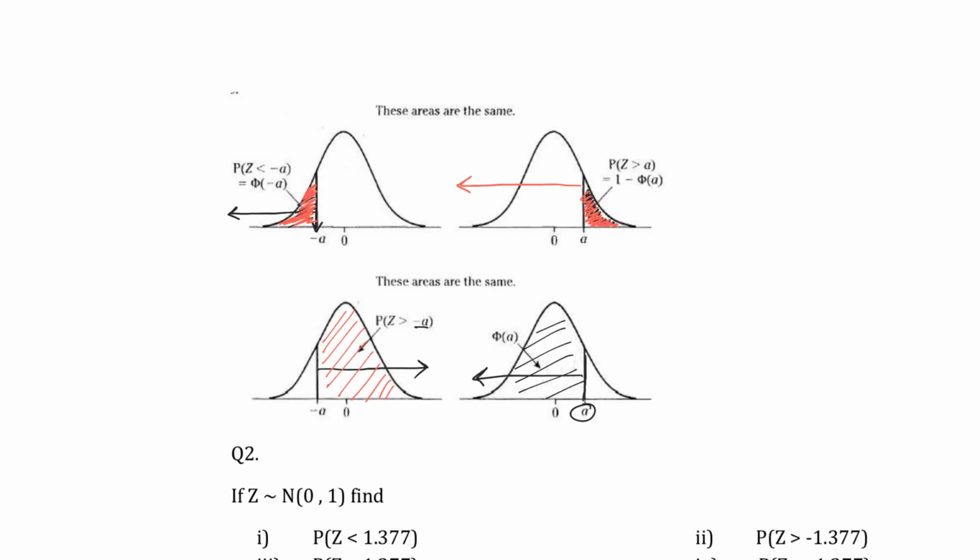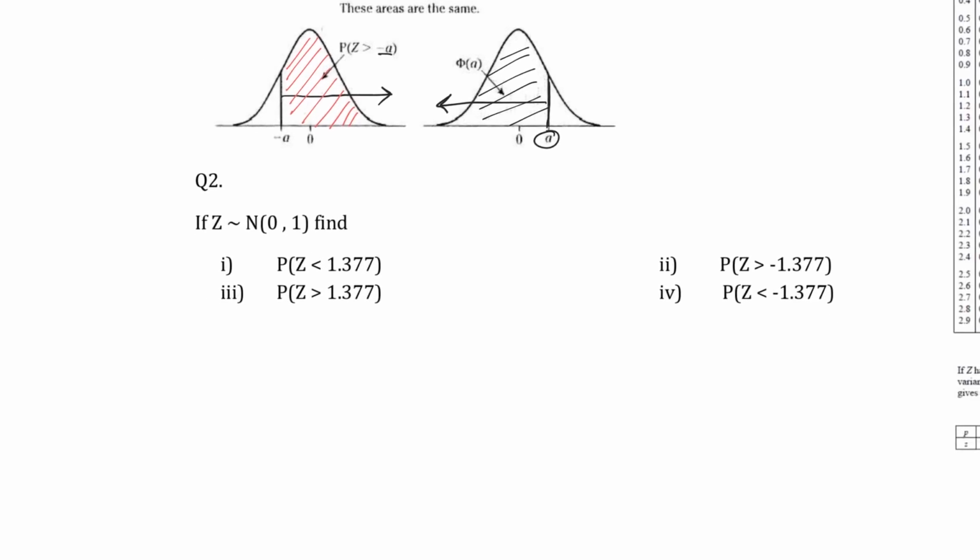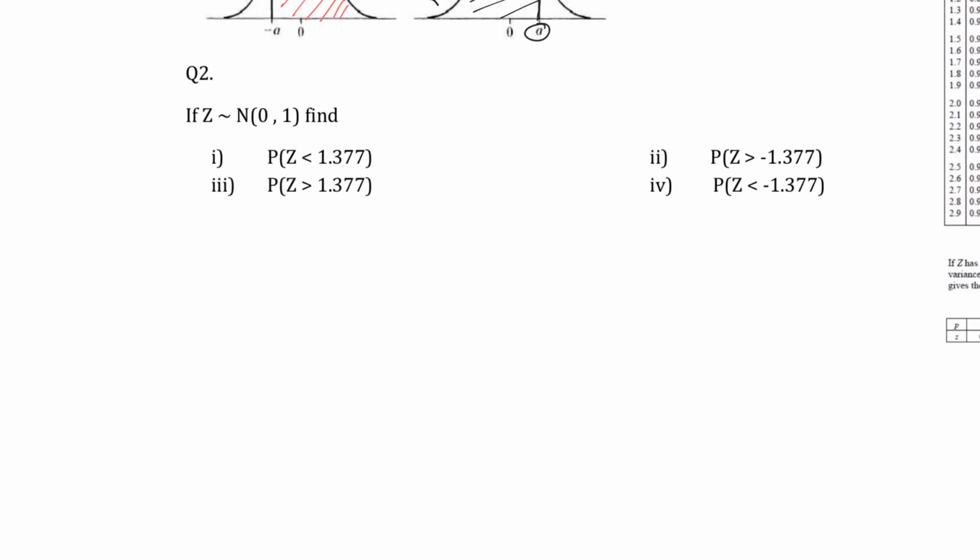Now I have an example for you. The first one is the probability of z less than 1.377.